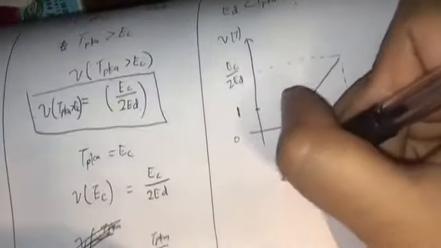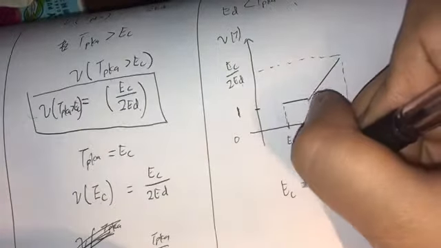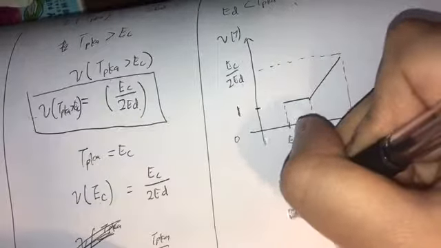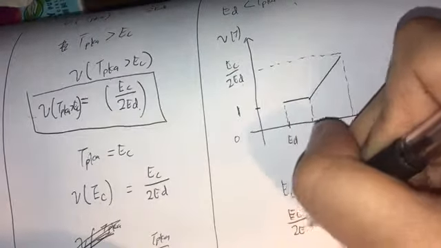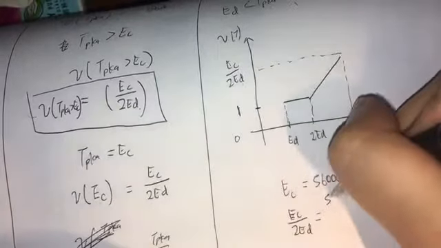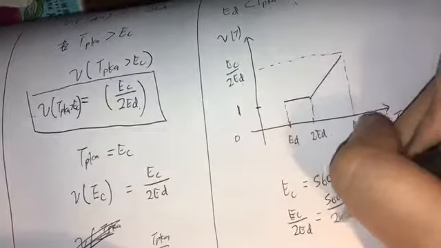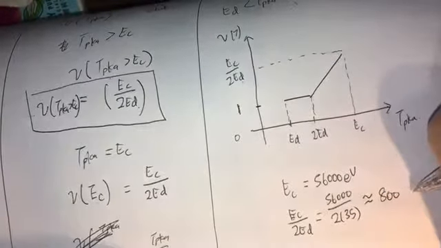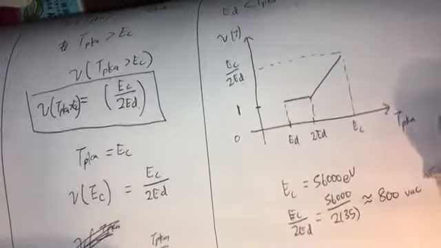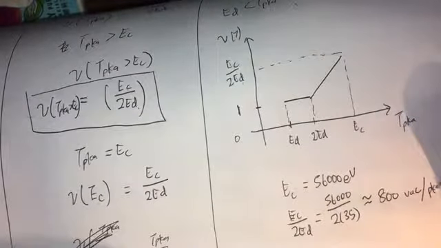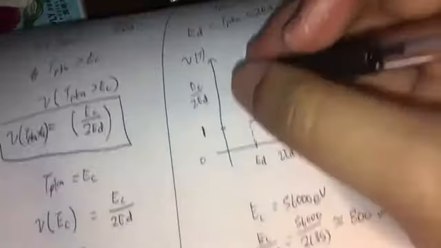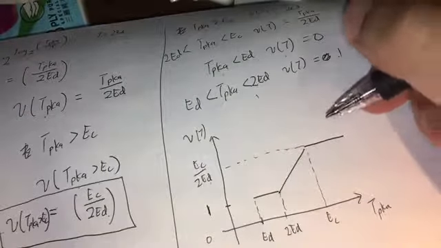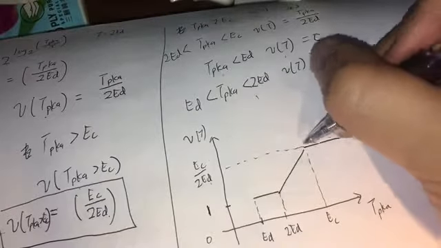So EC for steels can be about 56,000 eV. So EC over 2 ED will be equal to 56,000 over 2 times 35, and that will be about 800 vacancies per pKa.